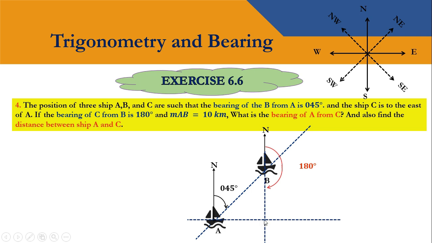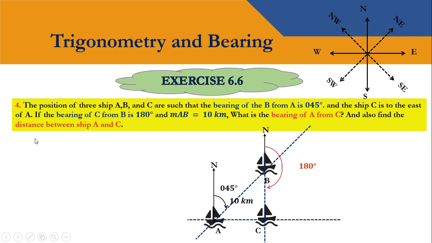So this is the location of ship C. And now we have the information that measure AB is equal to 10 km. The distance between ship A and ship B is 10 km.